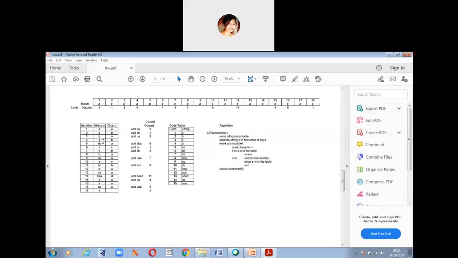For B it is 2, right? So you write 2. Again for A you write this. When you concatenate A, B, we get ABA. So this is 6. Remember, we only take a particular value for this.